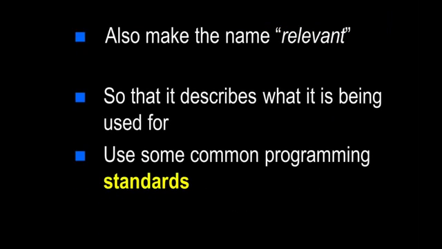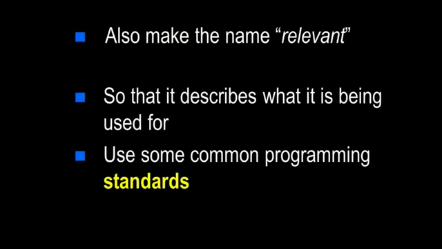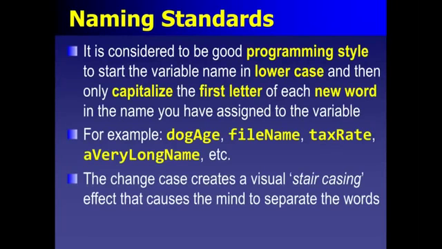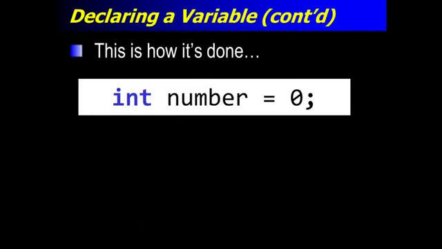Make it relevant. We already talked about that. Have it describe what it's storing, and then follow a few standards. So first of all, these are the rules. You break the rules, it won't work. The standards are, it's good style to use uppercase and lowercase, camel casing style, so that it is a good style for programmers. If you break the style, it might still work, but you'll lose a mark because I want you to have good coding style. Good news, like I said, you've already done this.